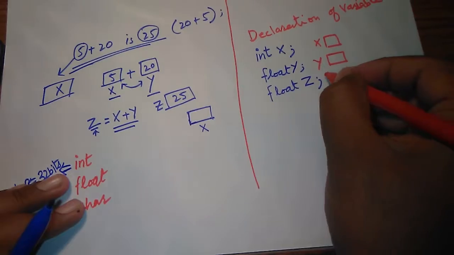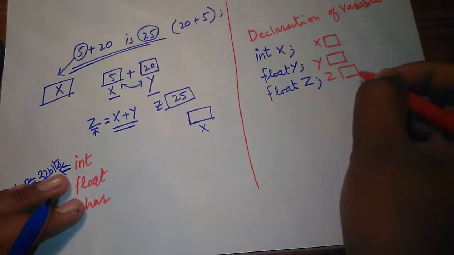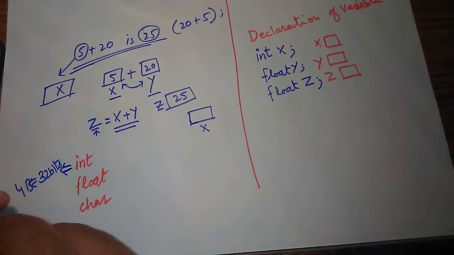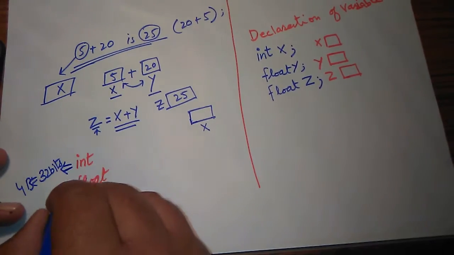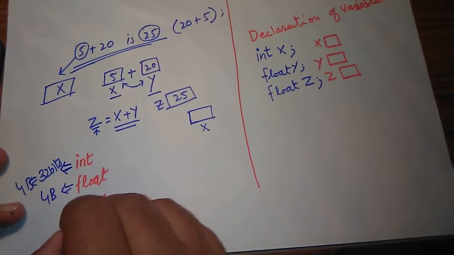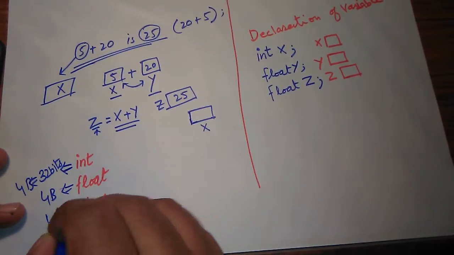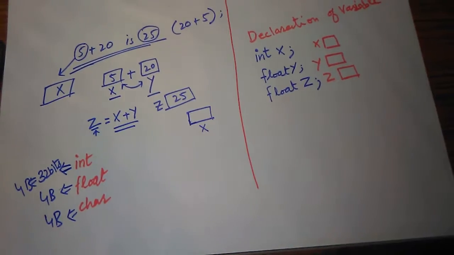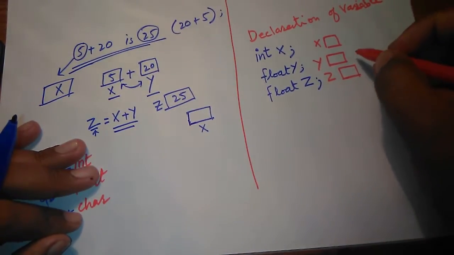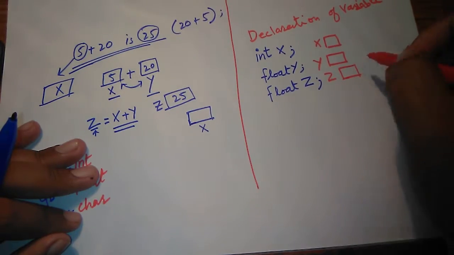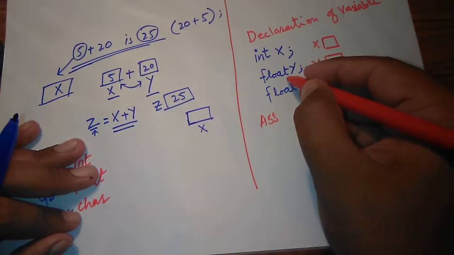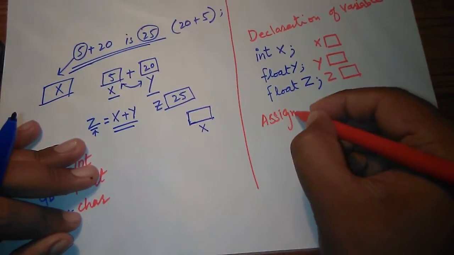Here in RAM z is created, and the size of each of these is 32 bits, 4 bytes. This was the declaration.